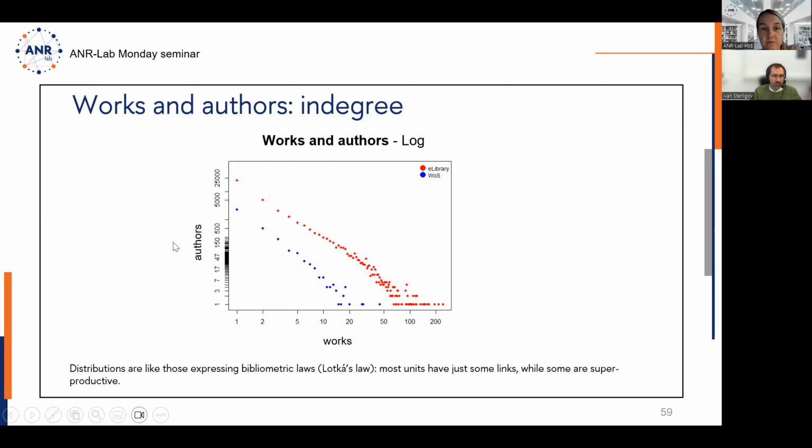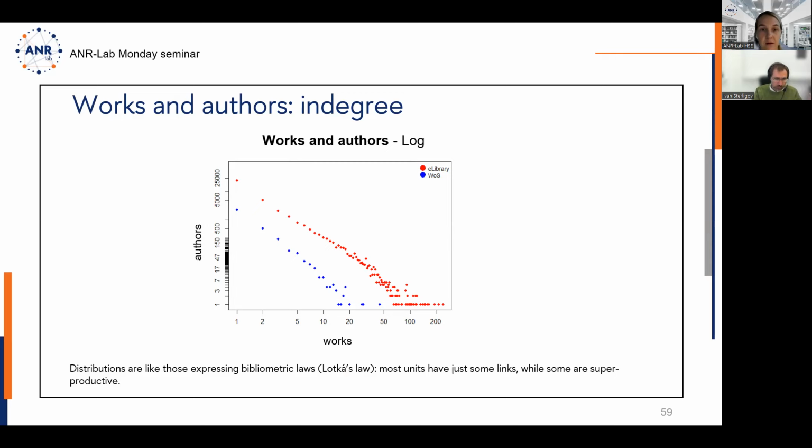And of course, as we have different numbers of publications, we see that the numbers are different, but at the same time, it is interesting that they follow the same line. So it looks like they follow Lotka's law, which is very basic for bibliometric network analysis.